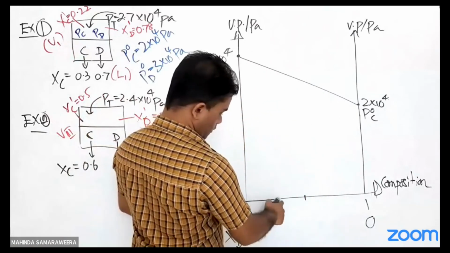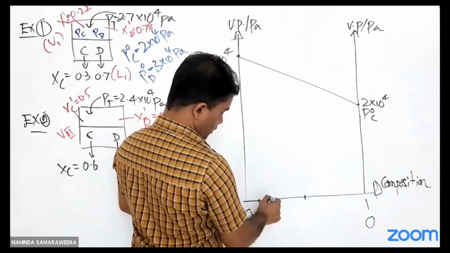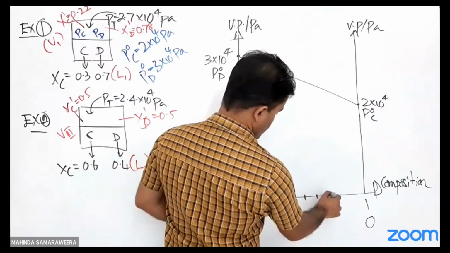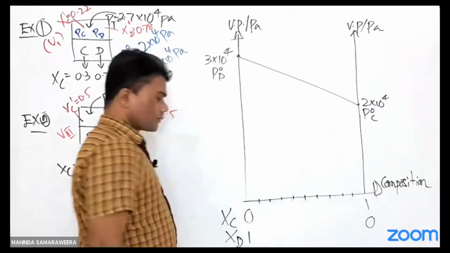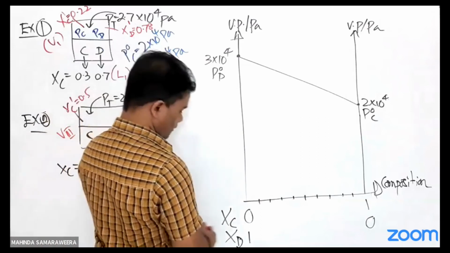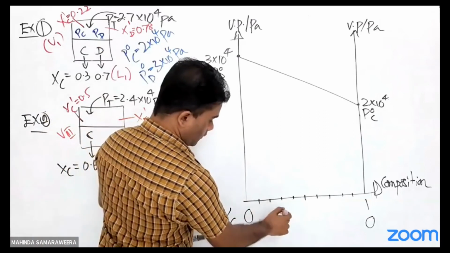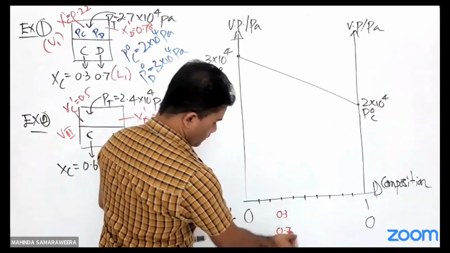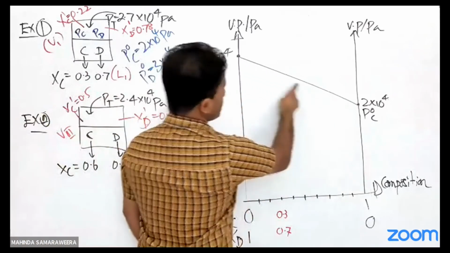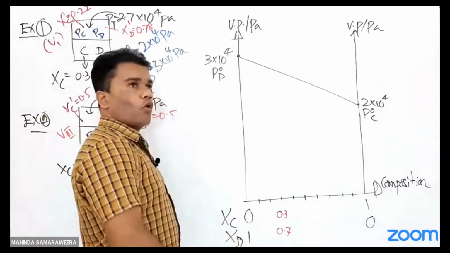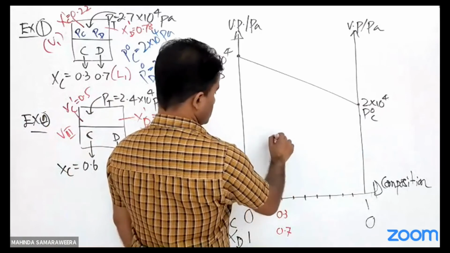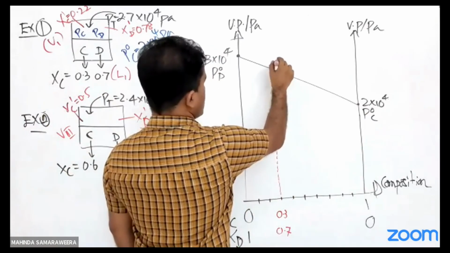Then 0.1, 0.2, 0.3, 0.4, 0.5, like this, 0.6, 0.7, 0.8, 0.9, and 1. These are the marks we have. Then L1 is 0.3, 0.7. XC 0.3 is this, and this is 0.7. L1 is the composition of these components in liquid phase. Composition of a component in liquid phase is given by this line, or total vapor pressure for a given liquid mixture is given by that line. So when you come up, it's this one. So this is where you get L1.